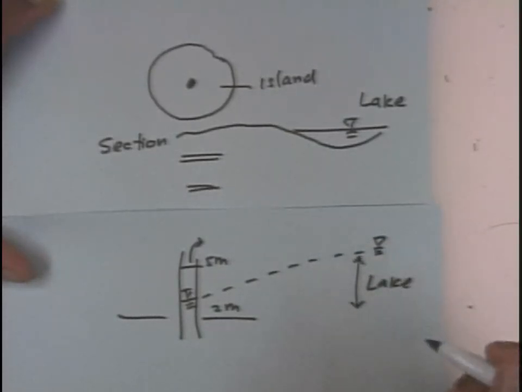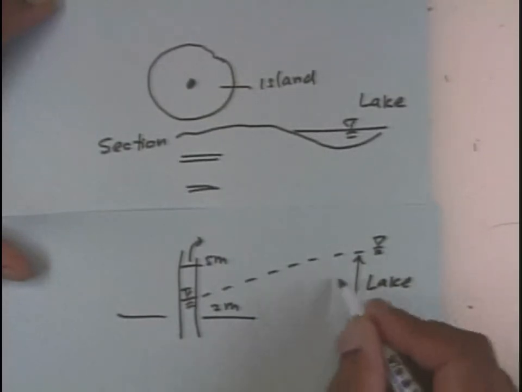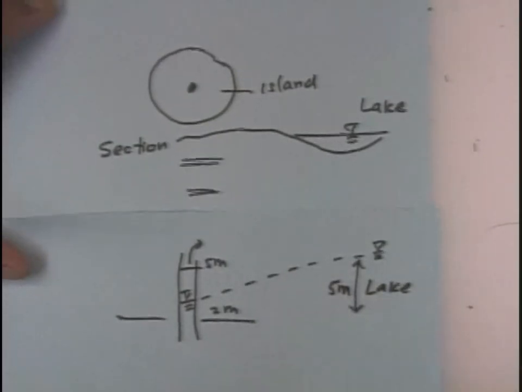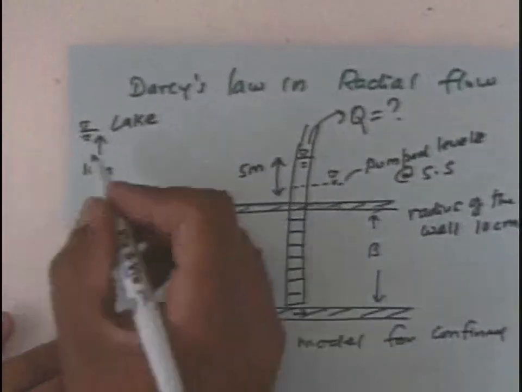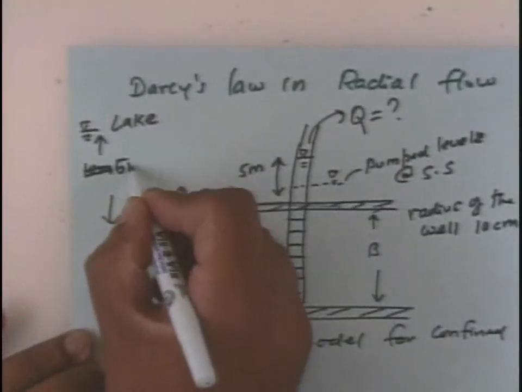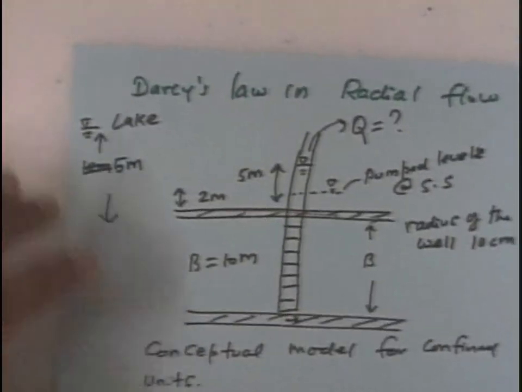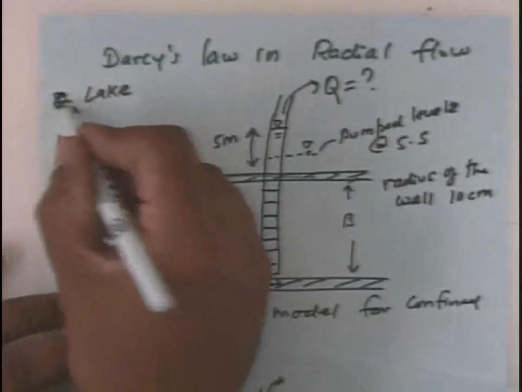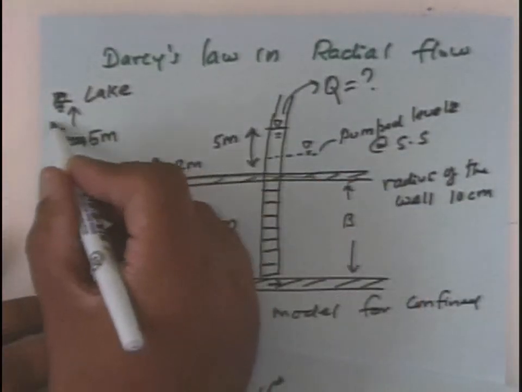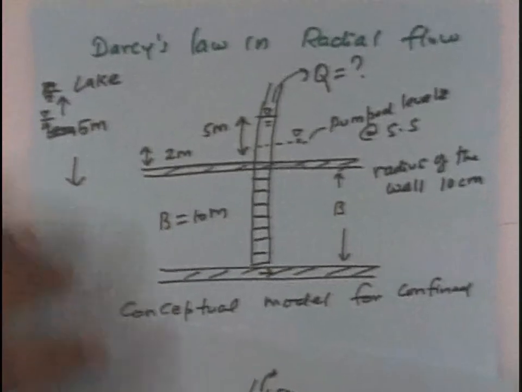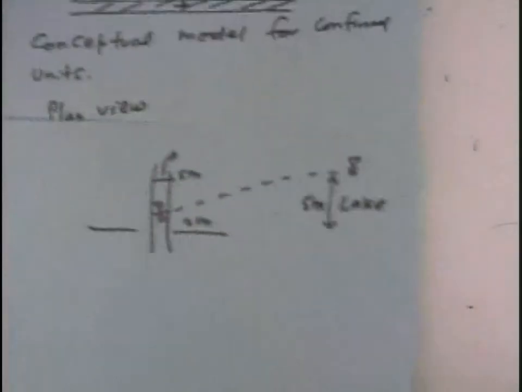How much did I say at the lake? No, let's call it 5 meter. I'm going to change this. Sorry about that. Let's call that 5 meter. It has to be 5 meter, right? To start with, it's the same level as the initial level, because initially everything is horizontal.